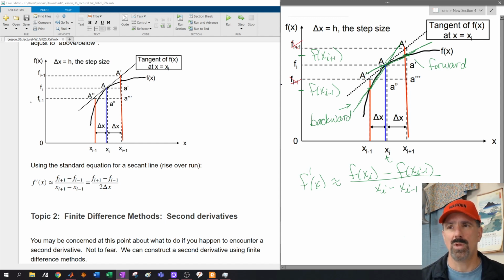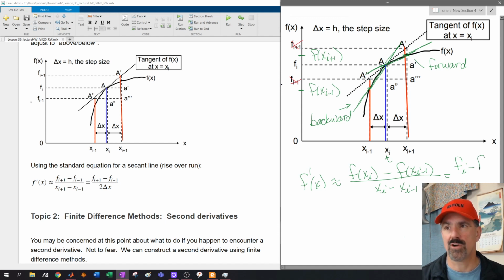And we write this in shorthand. Since we know x is the independent variable, we're going to define f sub i to be f evaluated at x sub i, just so we don't have to write this longer form.